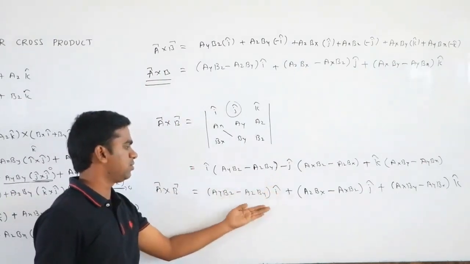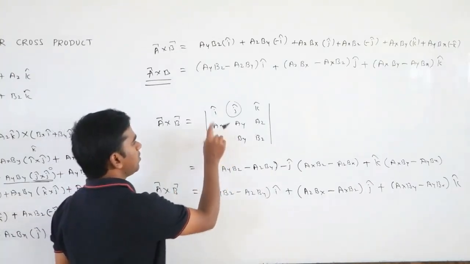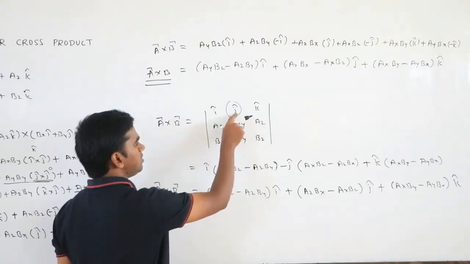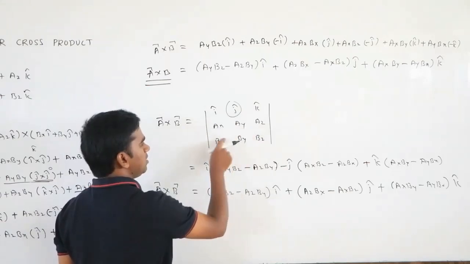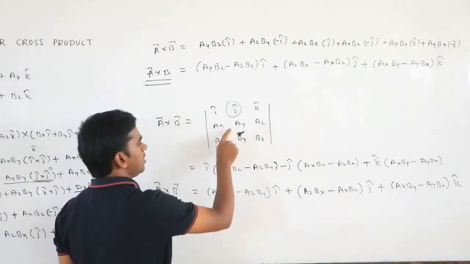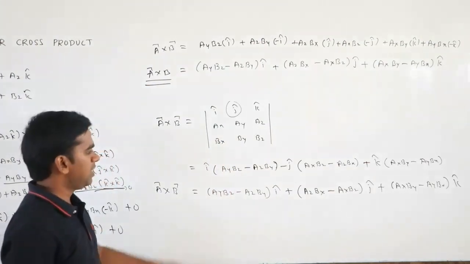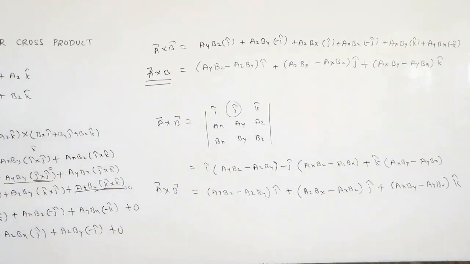You will get the answer directly. So what you have to do? You have to take i, multiply these two minus these two, take minus j, multiply these two, then these two, then take plus k cap, then multiply these two, then these two. Okay, so when I solve a few examples on this one, you will understand it in a proper way.